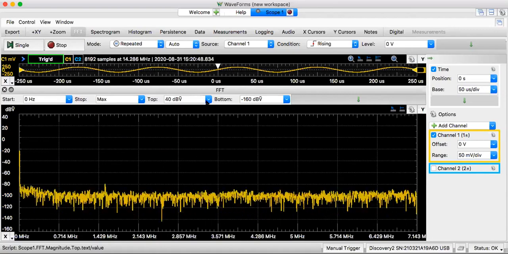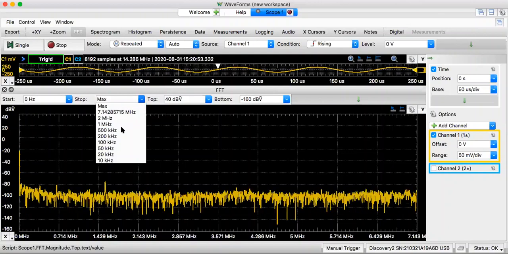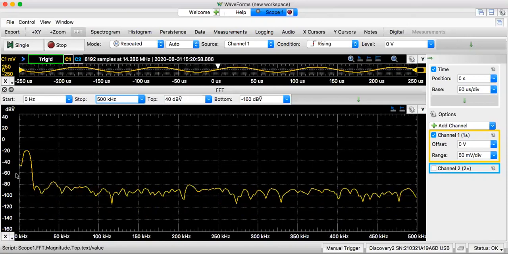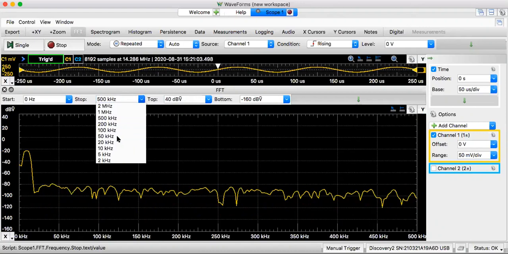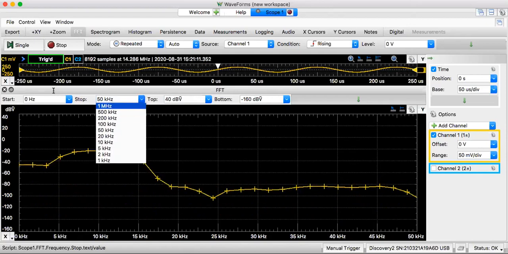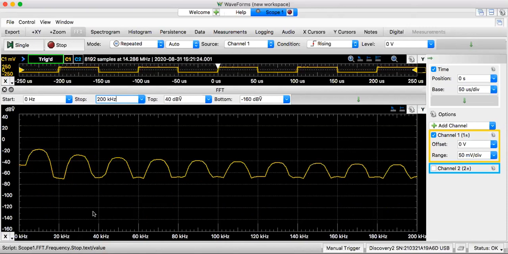Uh-oh. What is that? Oh, this is a sine. So a sine has only one component, right here. Let's do a square. So that's a square.